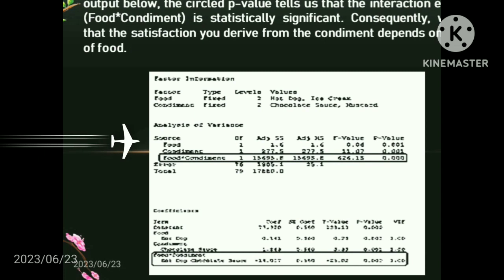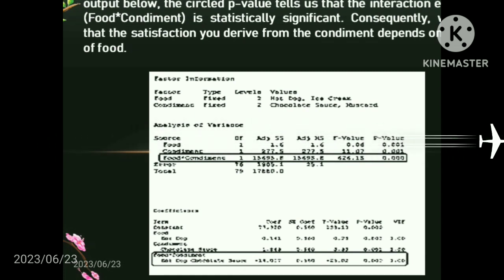Our standard error of coefficient is 0.560. Our T value is negative 25.02. Our P value is 0.000. And our variance inflation factor is 1.00. So this is the statistical output that displays an interaction effect that is statistically significant.